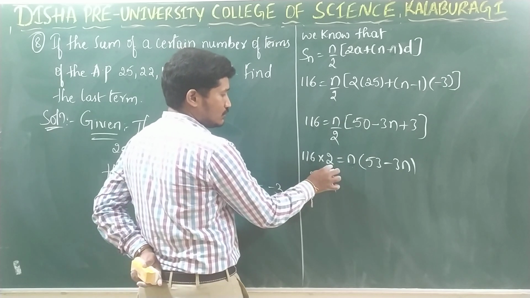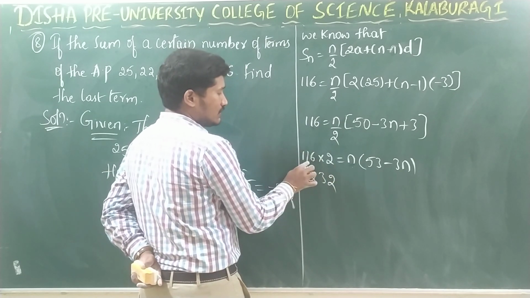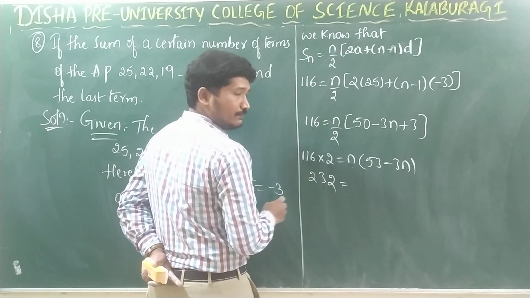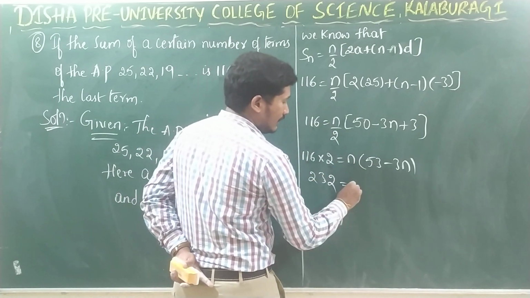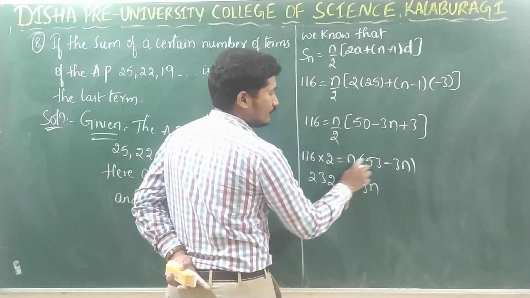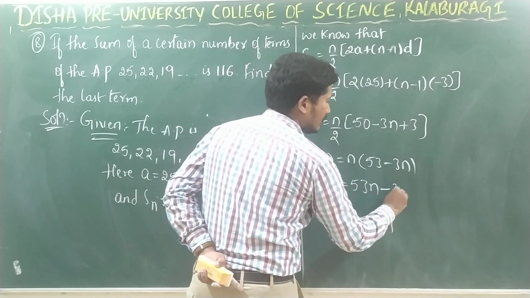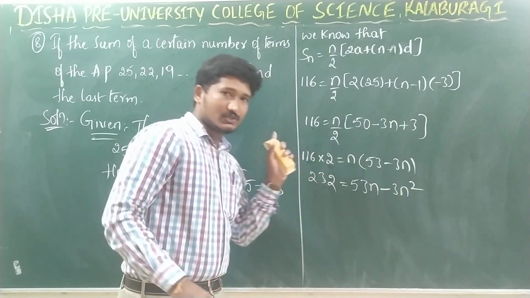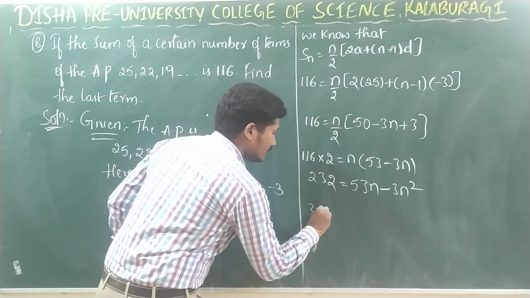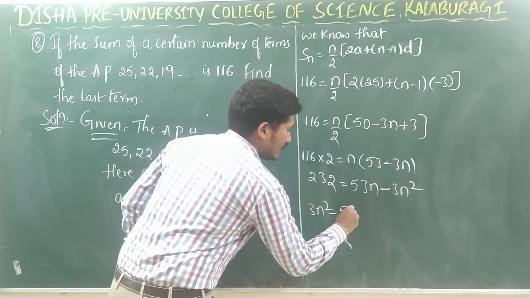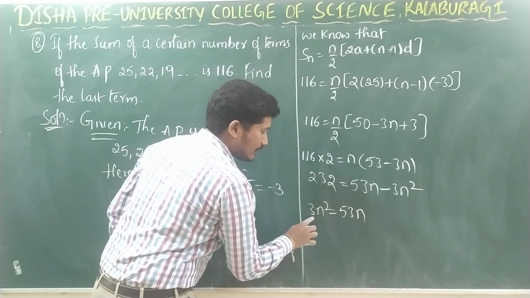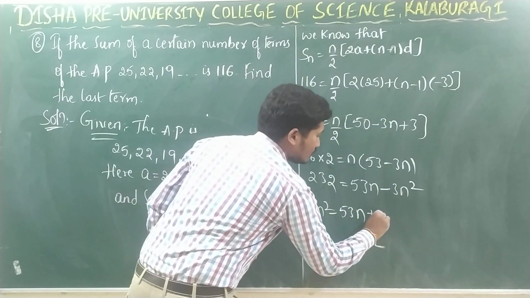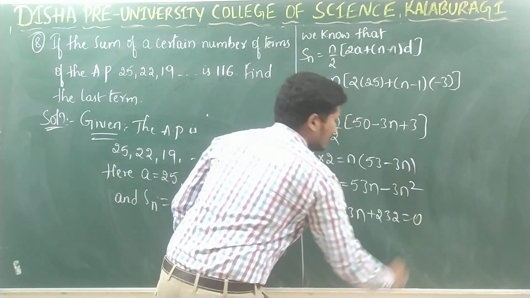Is equal to, open the bracket, N into 53 is 53N, plus into minus is minus, N into 3N is 3N square. Now let us transfer these two terms to the LHS. What you will get? 3N square minus 53N, that is minus 3N square becomes plus 3N square, plus 53N becomes minus 53N, plus 232 as it is equal to 0.